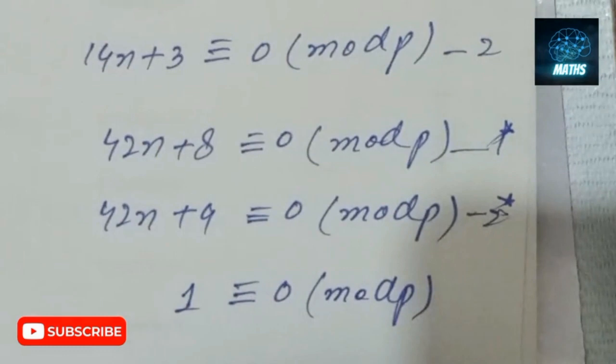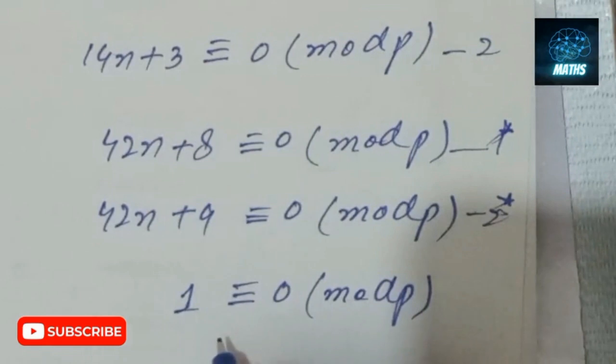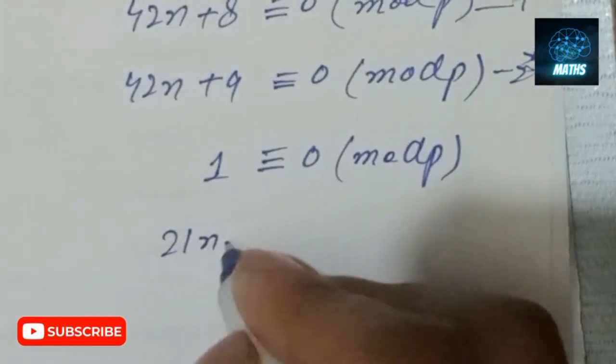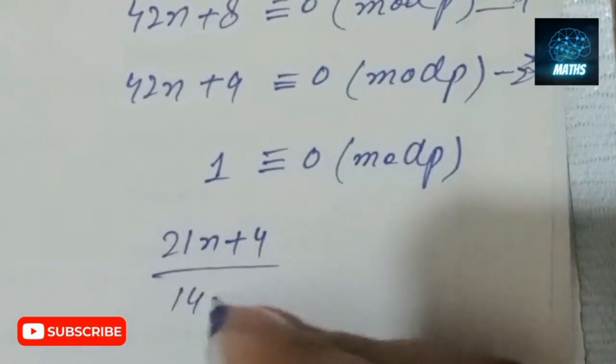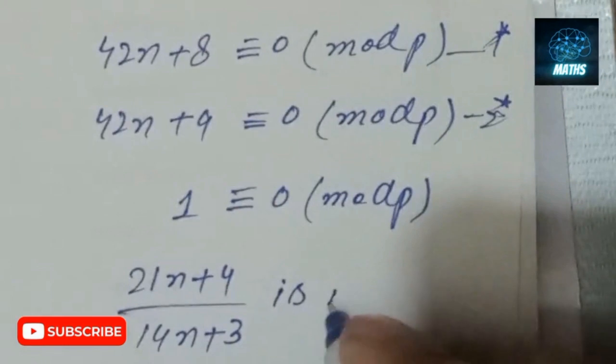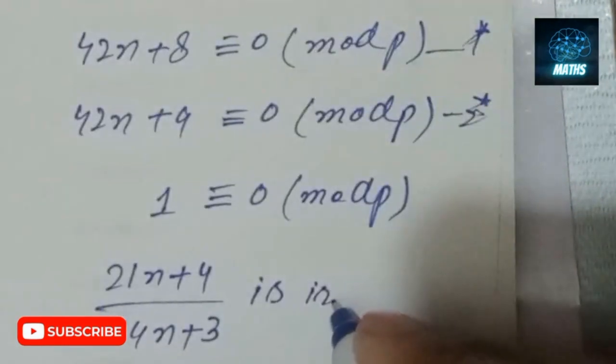That is totally absurd. So my supposition that (21n + 4)/(14n + 3) is reducible is totally wrong. Hence it's proved that (21n + 4)/(14n + 3) is irreducible.